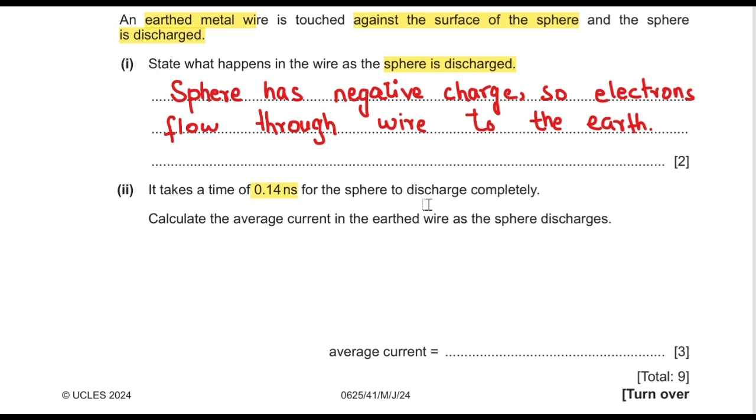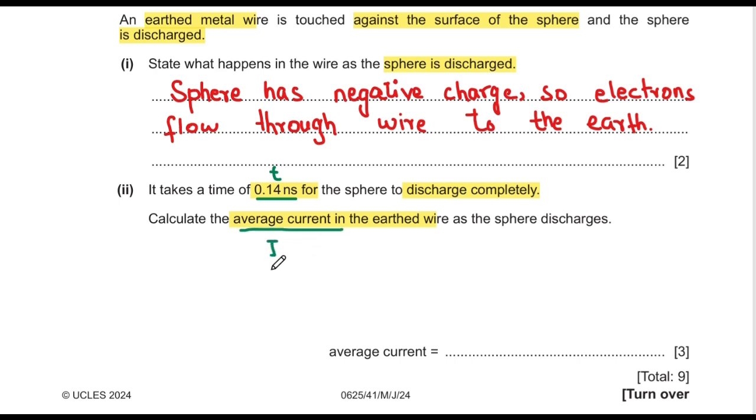The second part says it takes 0.14 nanoseconds for the sphere to discharge completely. Calculate the average current in the earth wire as the sphere discharges. So the time is 0.14 nanosecond and we have to calculate the current.